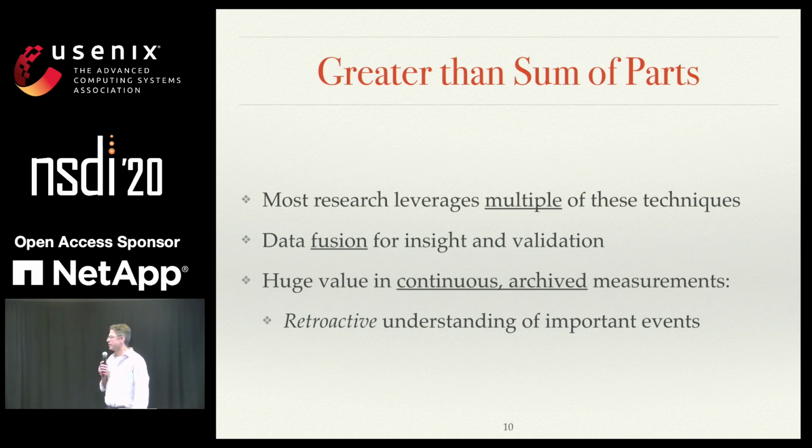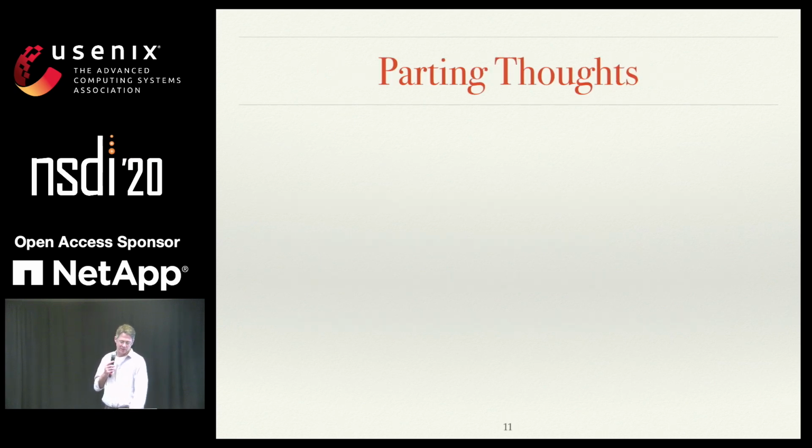And then, of course, there's this huge value in the continuous and archived measurements, right? This gives us this ability to have retroactive understanding of an important event. So this is this whole idea of let's instrument the network, let's have it capturing everything that we want to, and then when something really important happens, we can go back and analyze that data in much more detail. And there's lots and lots of examples of doing this.